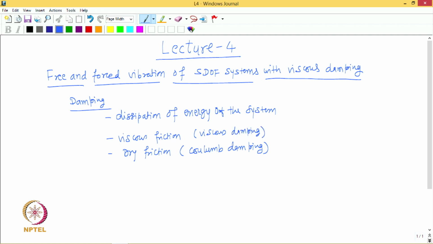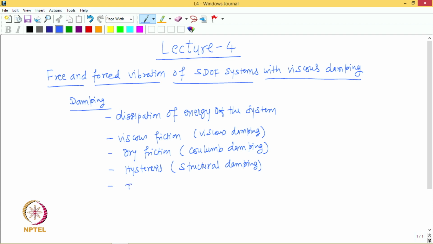Then there may be dissipation of energy due to hysteresis effect, often referred to as structural damping. I think we will study more of that later.